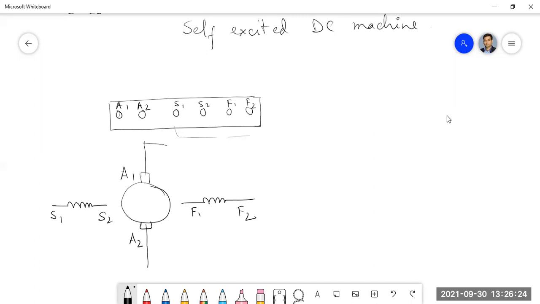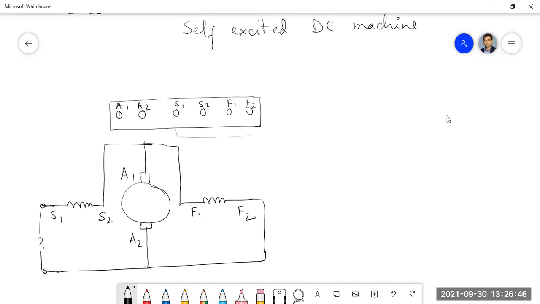Now this F1, F2 generally we connect in parallel, and S1, S2 we connect in series. And from these we generally bring the output. So here we'll get the output voltage. So here we can connect the load like this.